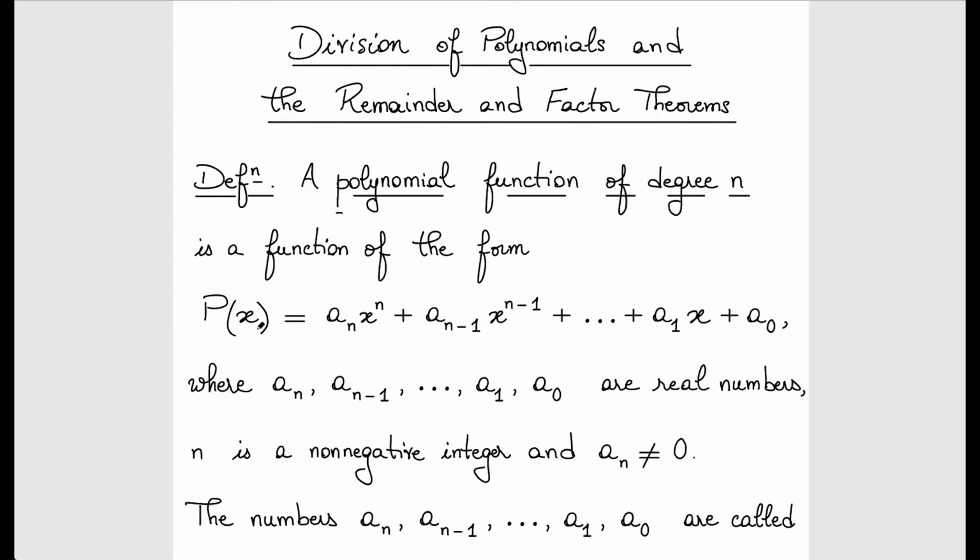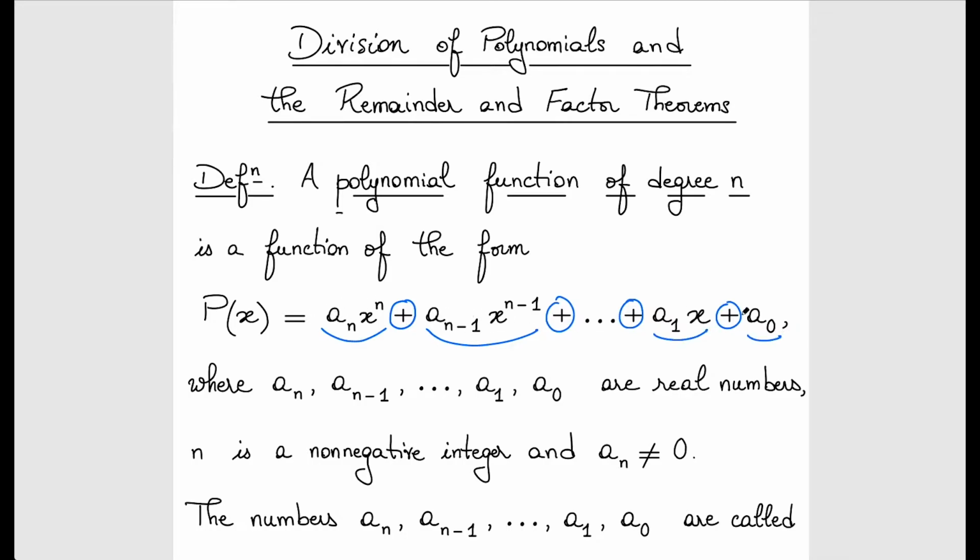This writing looks a little technical. Let me try to explain it just using simple terms. So a polynomial function is any function that can be written as a finite sum. So you see here I have a bunch of sums of terms. This is one of the terms, this is another, and so on, right?